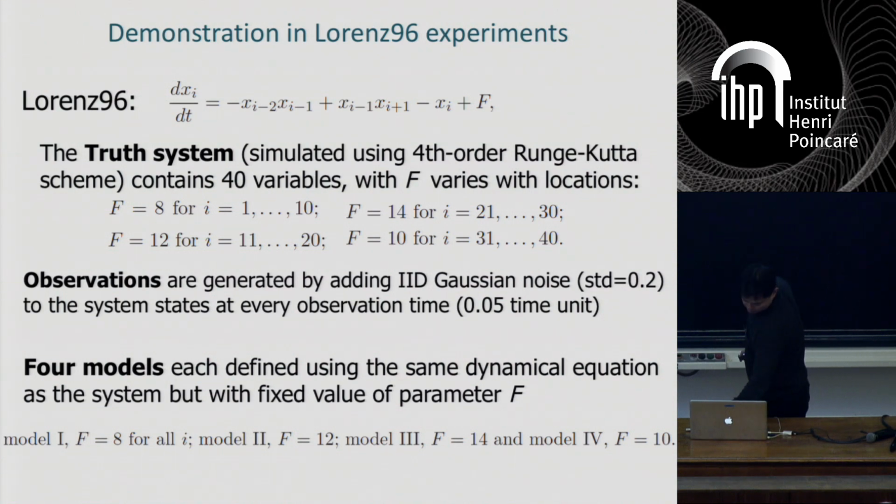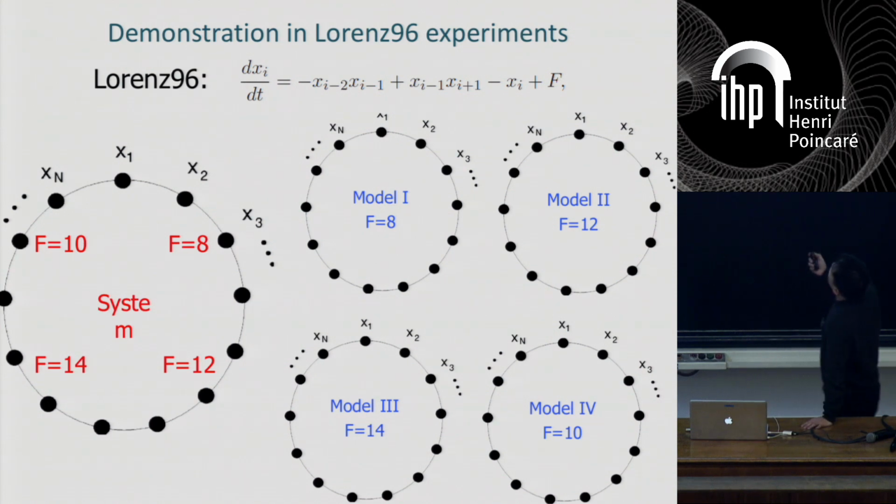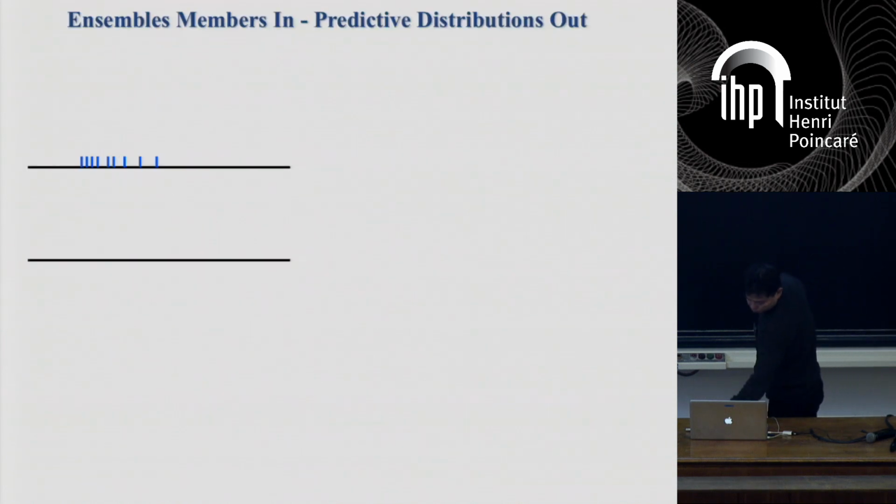Here is a simple graphic. This is basically the true system. We can see in this quarter the F is 10 and this is 8. And for each of the models, you see that the F is always fixed, but they are only right at particular quarters.